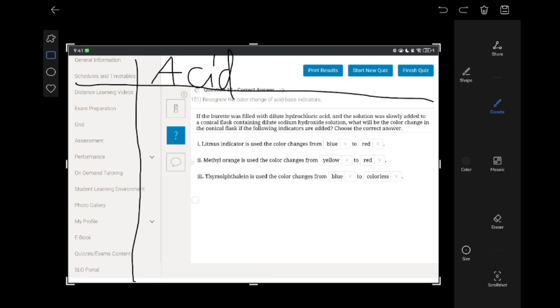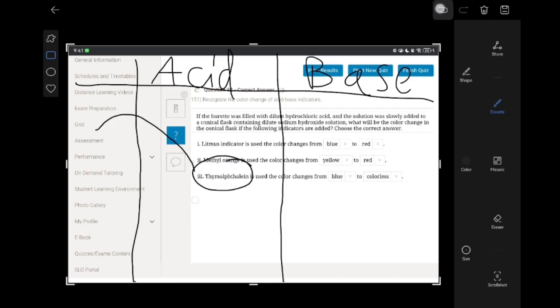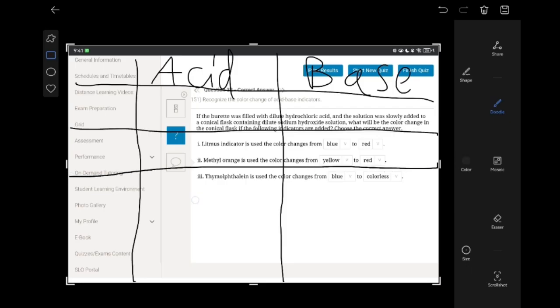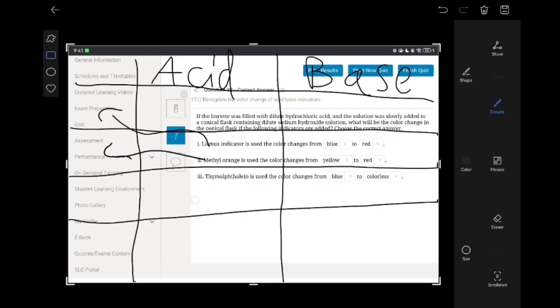So look, you have thymolphthalein. I'm going to make lines for all of them, and then I'm just going to circle them because there's not enough space to write. So the first one is litmus. Second one is methyl orange. Third one is thymolphthalein. And the fourth one is phenolphthalein. So I'm just going to write phenol. So in an acid, both of the phthaleins are colorless.